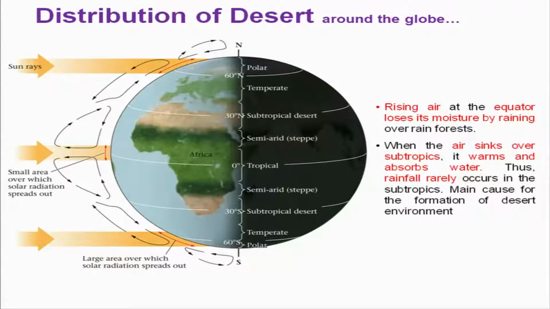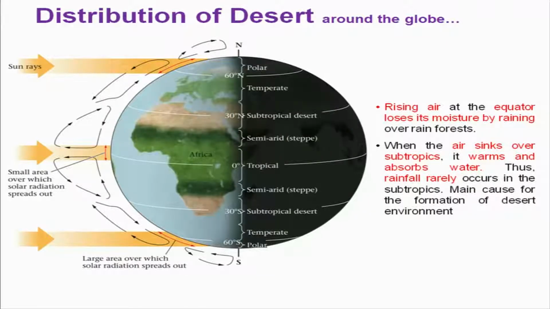The main cause for the formation of desert is the rare rainfall in the subtropical areas, and this is because of the absorbed water, whereas in the tropical regions the rising air loses its moisture, giving rise to the rainfall.